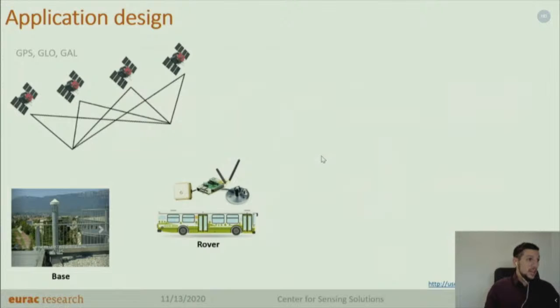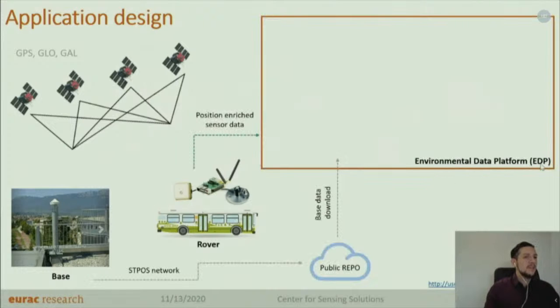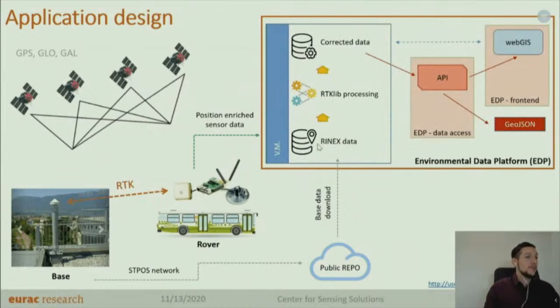How does the application look from the point of view of the architecture? Of course, as I was mentioning before, we are using a base-rover configuration, where the base is given by the servizio geodetico of the province of Bolzano, and the rover, like you saw in the previous view graph, is just a moving device with that prototype that we put in place. They should see the same constellation, of course, to achieve RTK, and they are providing to the environmental data platform the data formatted into RINEX format.